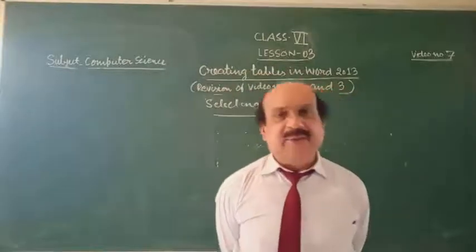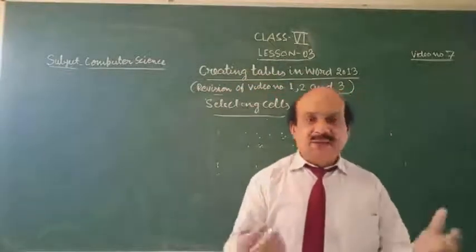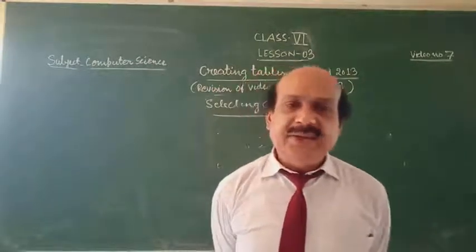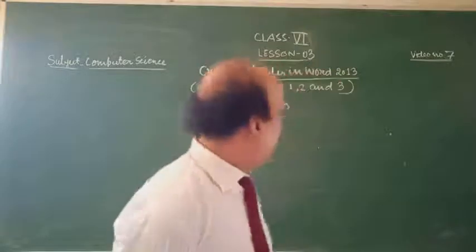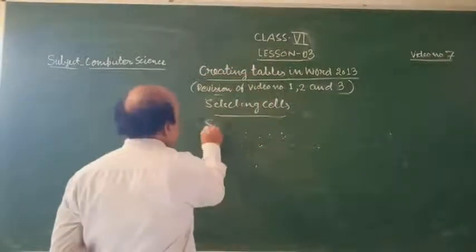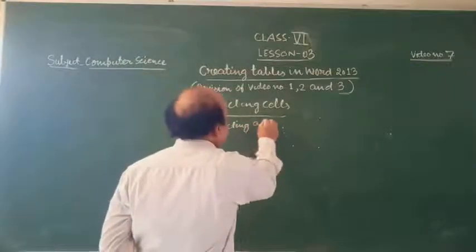It depends upon you. If you want to select more than one cell, you can perform any type of addition or editing. First of all, we will read in sequence: selecting a single cell.